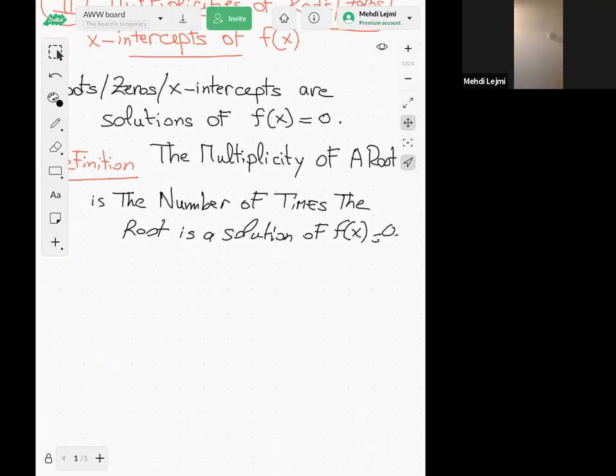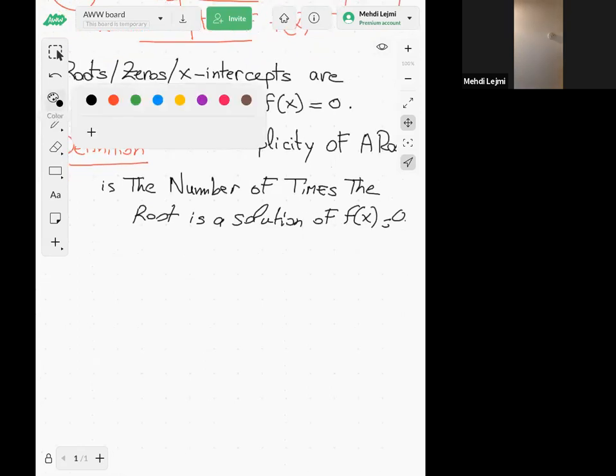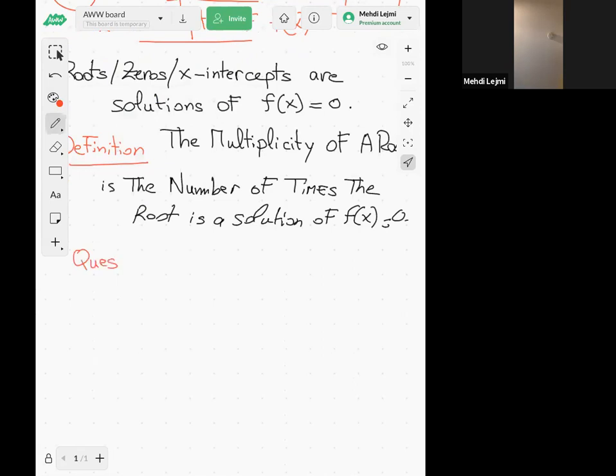So now we're going to try to answer the following question: how do we find the multiplicity of the roots?